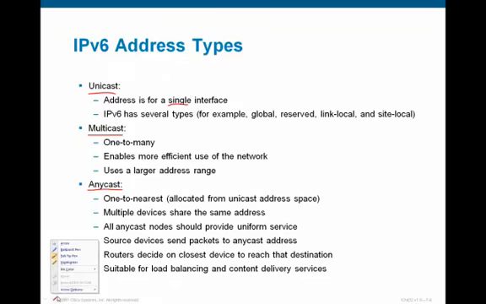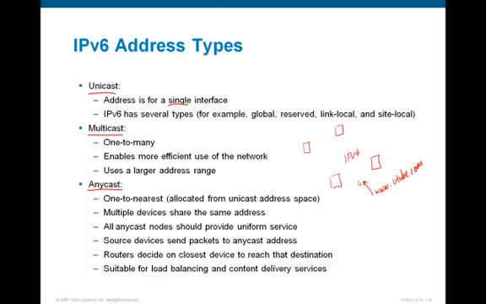Now, in the old days, if you are companies like YouTube, where you have a lot of servers spread across the global footprint, providing some kind of internet services, what we normally do in the IPv4 world is that when a user makes a request to a certain website, let's say youtube.com, depending on the user's IP address, the DNS server will give the user the nearest IPv4 server address to go to.